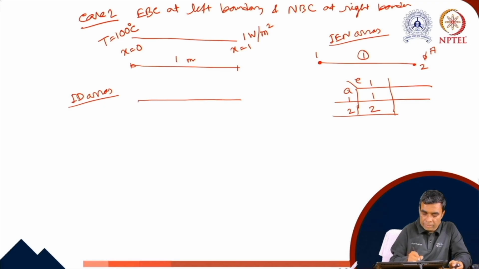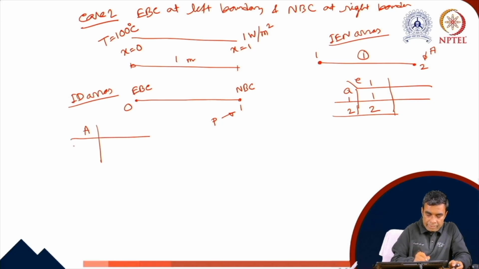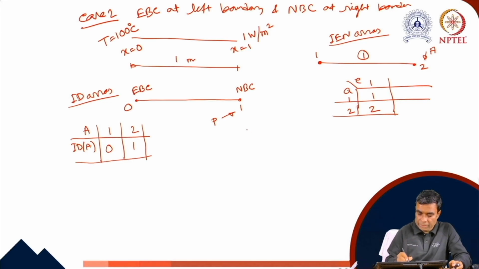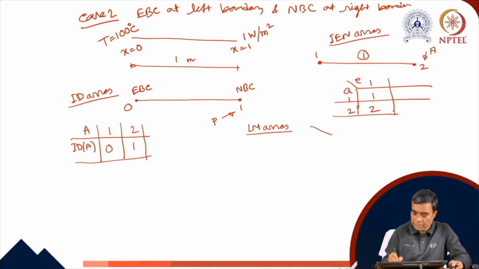Here this gives us equation number 0 and equation number 1. This is NBC, this is EBC, global equation number P. So A versus IDA comes as global node 1, equation number 0, global node 2, equation number 1. Then we generate the LM array. Here we have E, A, I and NEE. E is 1.